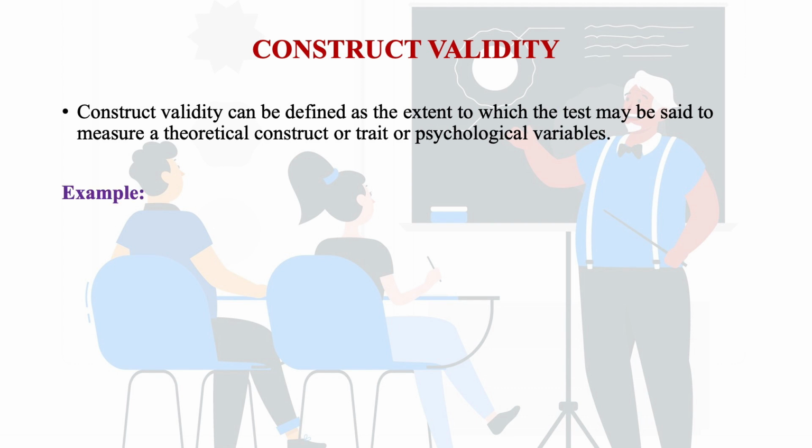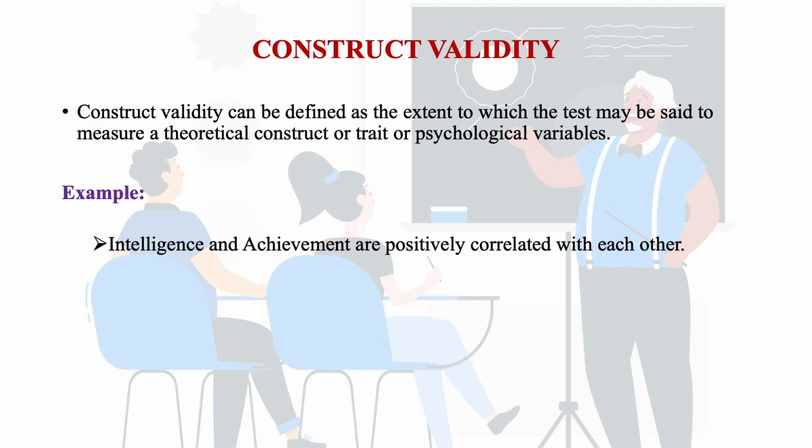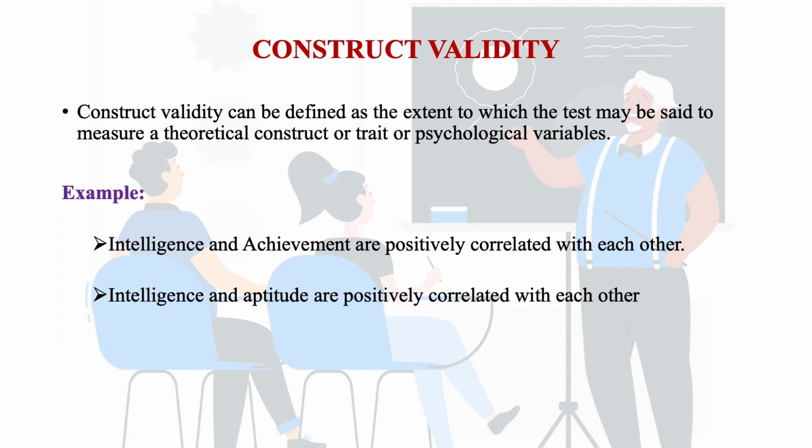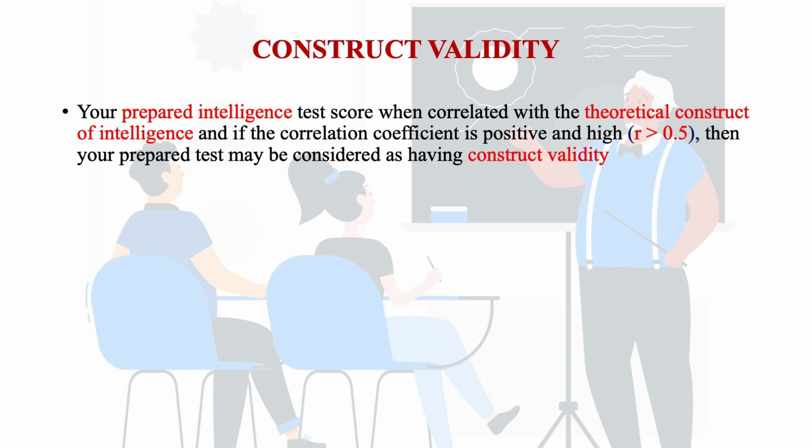As an example, intelligence and aptitude are positively correlated with each other, okay. So for the intelligence of a group of students and the aptitude of that group of students, you will find that both are positively correlated with each other. Your prepared intelligence test score, when correlated with the theoretical construct of intelligence, if the correlation coefficient is positive and high, that means if r is greater than 0.5, then your prepared test may be considered as having construct validity, okay.